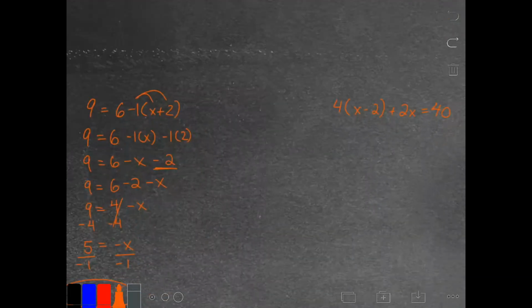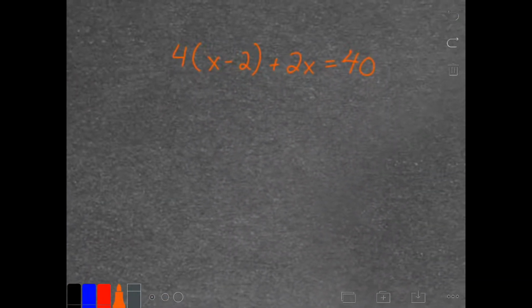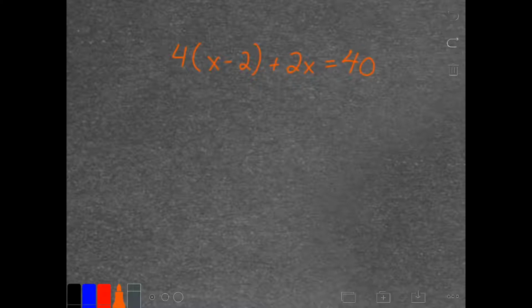Let's try one more example together. Well, 4 parentheses x minus 2, plus 2x equals 40. Again, first thing I need to do is distribute a 4 times x and a 4 times negative 2. 4 times x, 4x. 4 times negative 2, well, a positive and a negative gives me a negative 8, or minus 8, plus 2x equals 40.